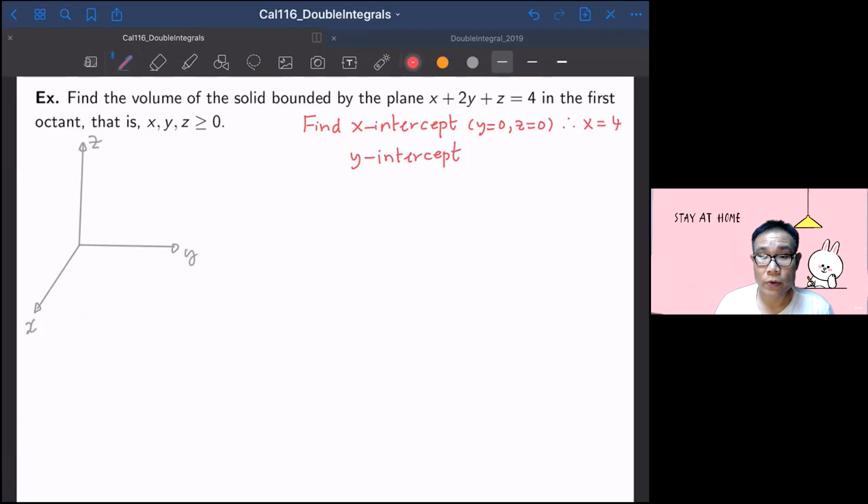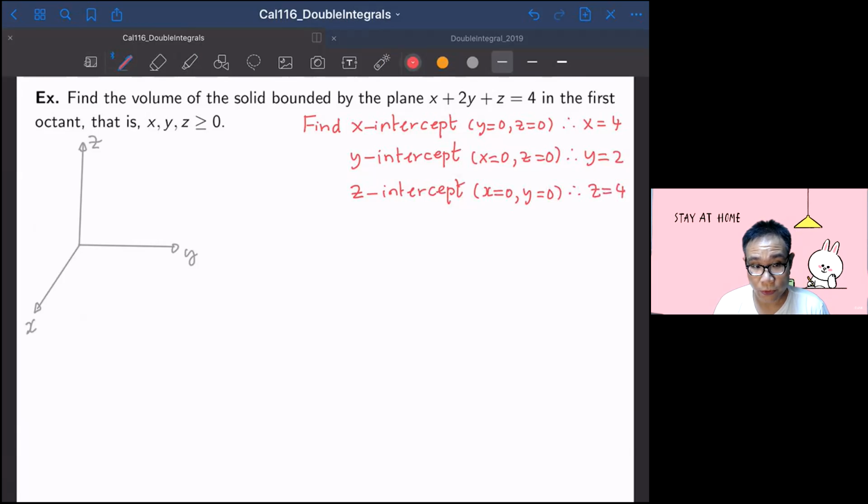So for the y intercept, you plug in x equal to 0, z equal to 0, and you have 2y equal to 4, so you get y equal to 2. And you have the z intercept. So for the z intercept, you put x equal to 0, y equal to 0, and you solve for z, you get z equal to 4. So you see that it's 4 for z, 4 for x, and 2 for y.